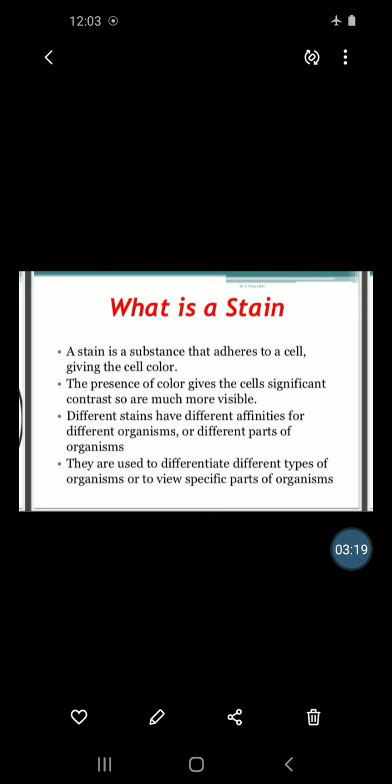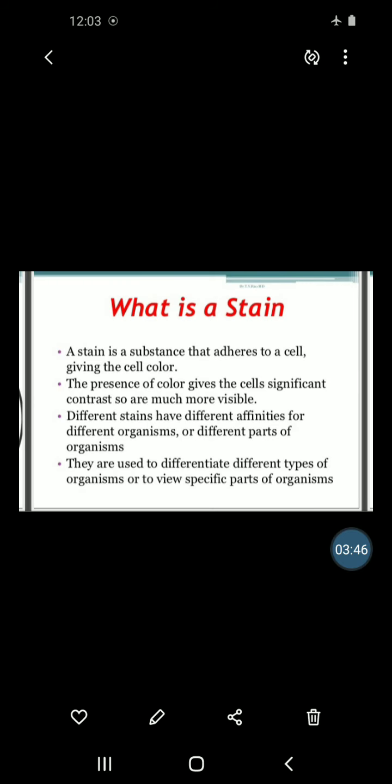A stain is a substance that adheres to the cell and which gives the cell color. The presence of color gives the cell significant contrast, so it is much more visible. Different stains have different affinities for different organisms or different parts of organisms.